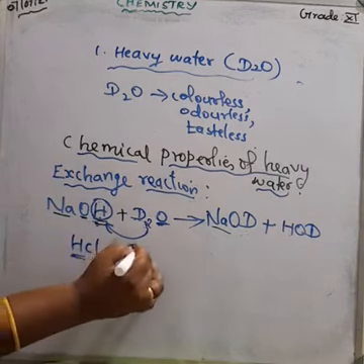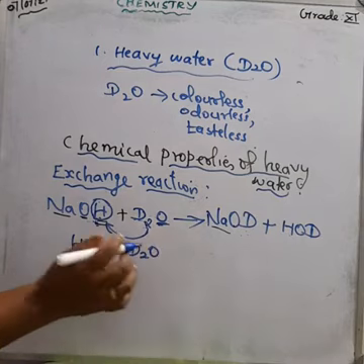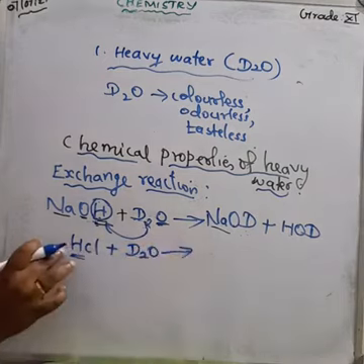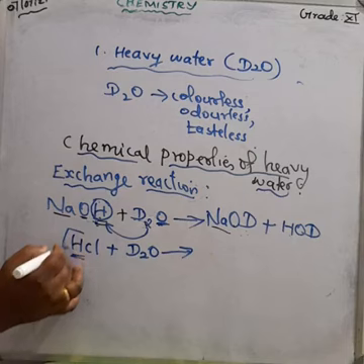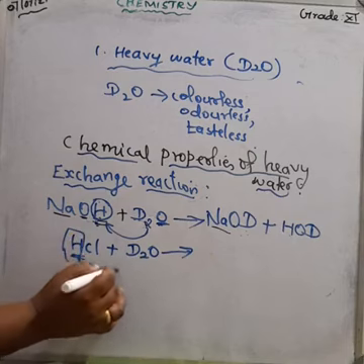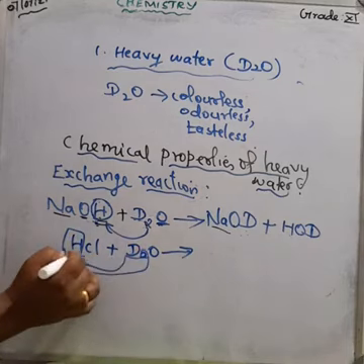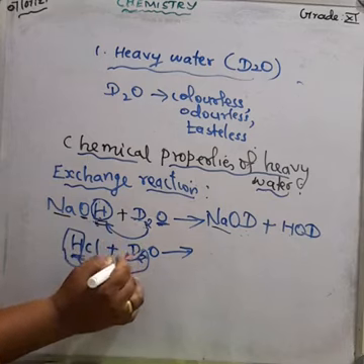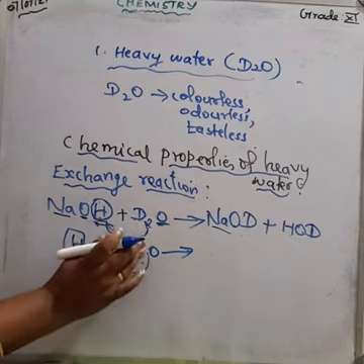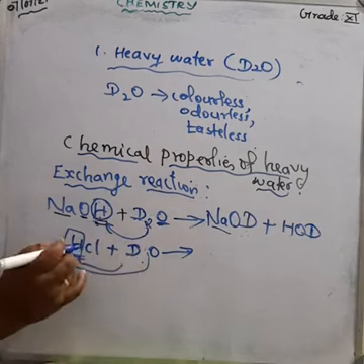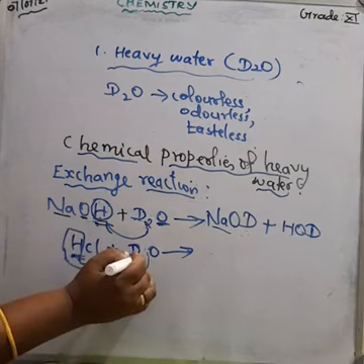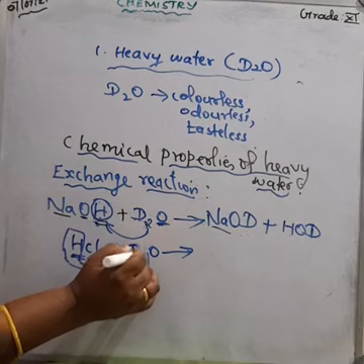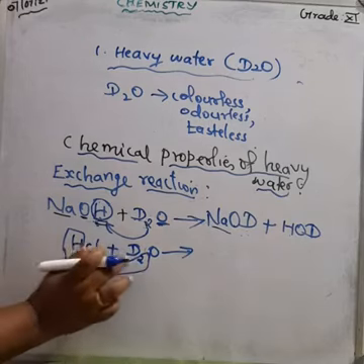When we treat hydrochloric acid with deuterium water, that is heavy water, the hydrogen in the hydrochloric acid is replaced by the deuterium. Instead of this hydrogen, deuterium is present here. The hydrogen is exchanged by the deuterium.